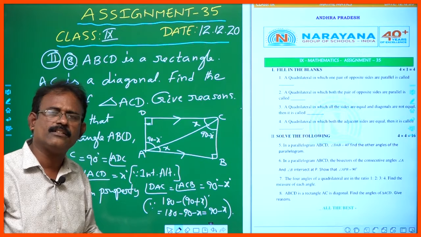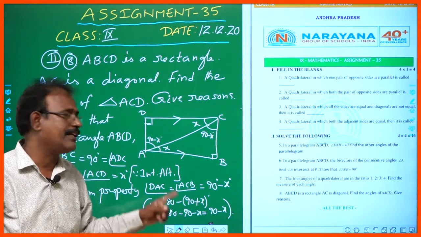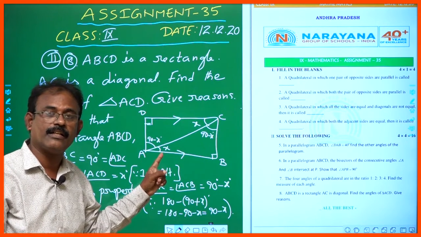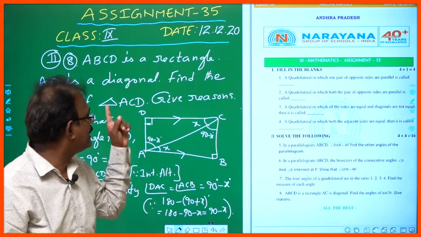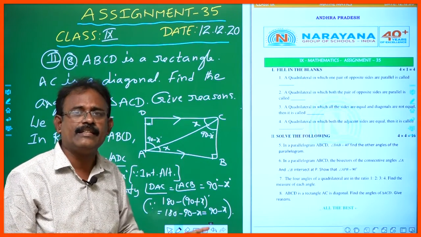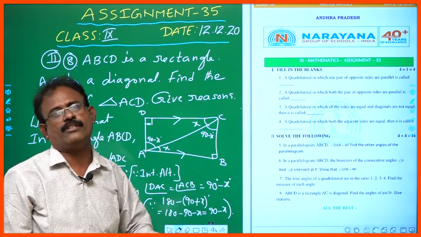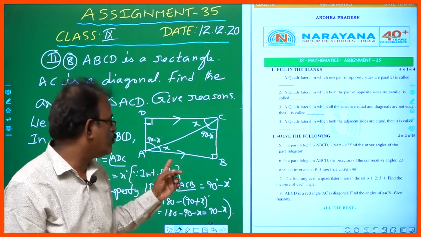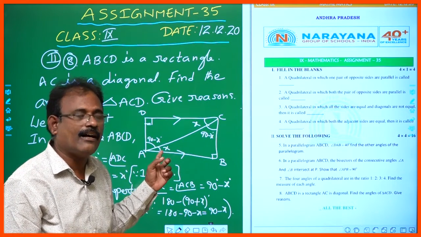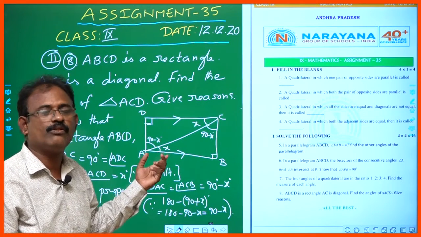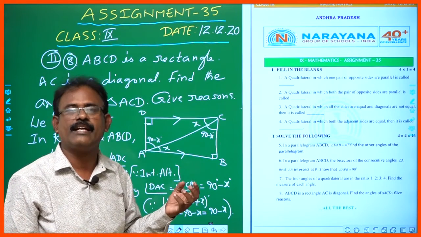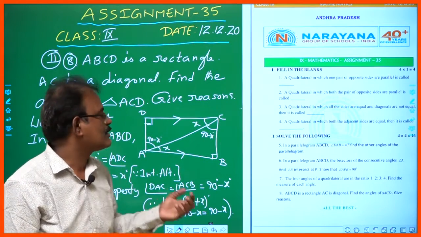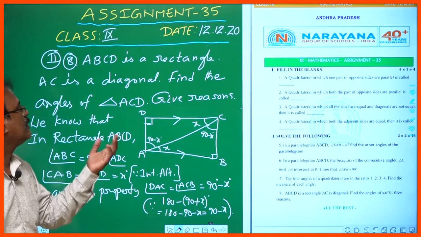Otherwise, until then we assign any real number for angle X. The angles of triangle ACD are in terms of a variable only, children. By going for any substitution method, we will find the angles of triangle ACD by satisfying the triangle properties. So this is the solution for question number 8.